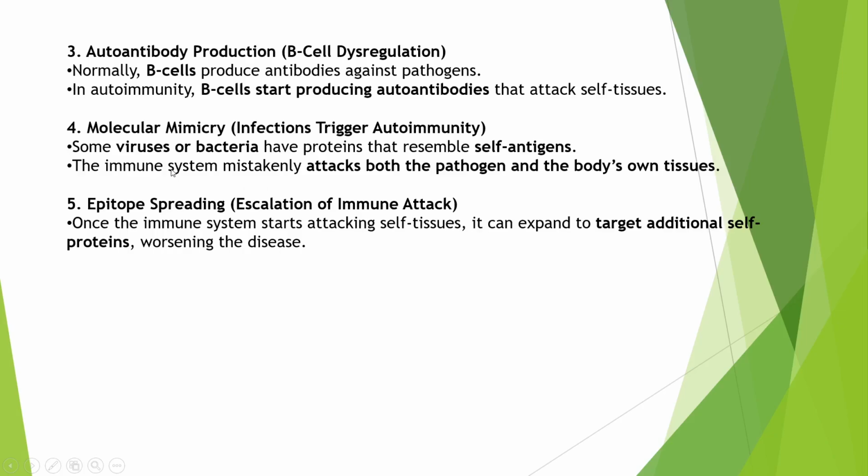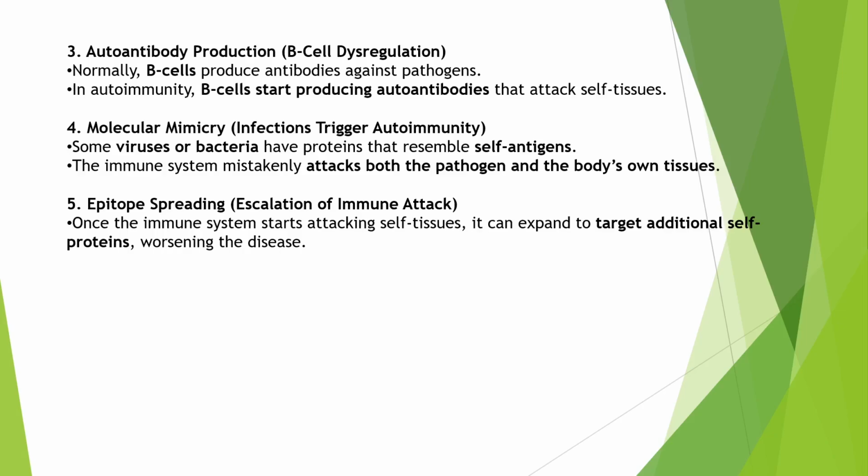Next is epitope spreading. This is escalation of the immune attack. Once the immune system starts attacking self tissues, it can expand to target additional self proteins, worsening the disease. This is how it develops into a chronic condition and then organ damage. These autoimmune disorders can be life threatening also, because once the system has identified your self cells, if it is not regulated, if it is not treated, it will definitely continue its function.